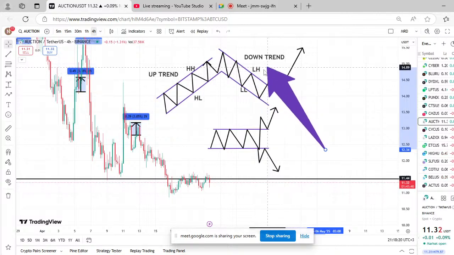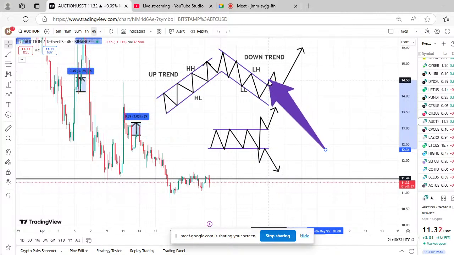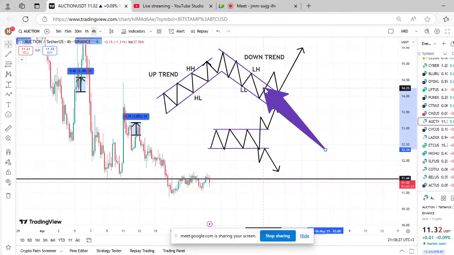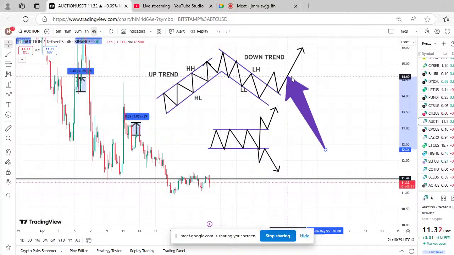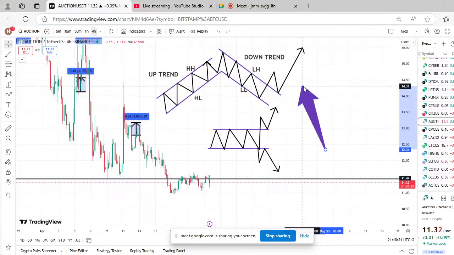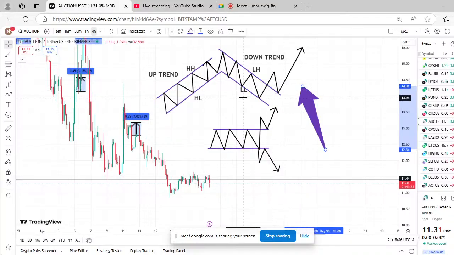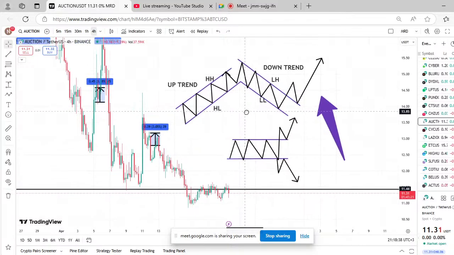Here in a downtrend, the market will always break here at the resistance level, then come back to test it and continue an uptrend movement. That's where we experience what we call the change of character, because we are changing from a downtrend to an uptrend. That's why, among the rules you have to follow when trading, you should first check the change of character.